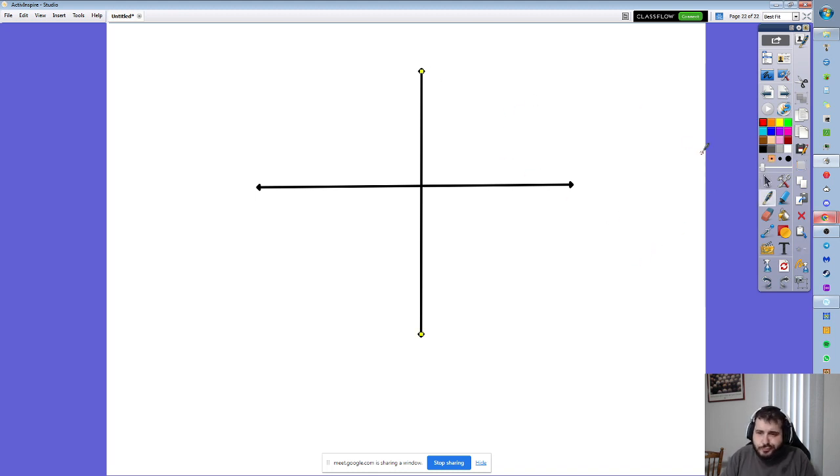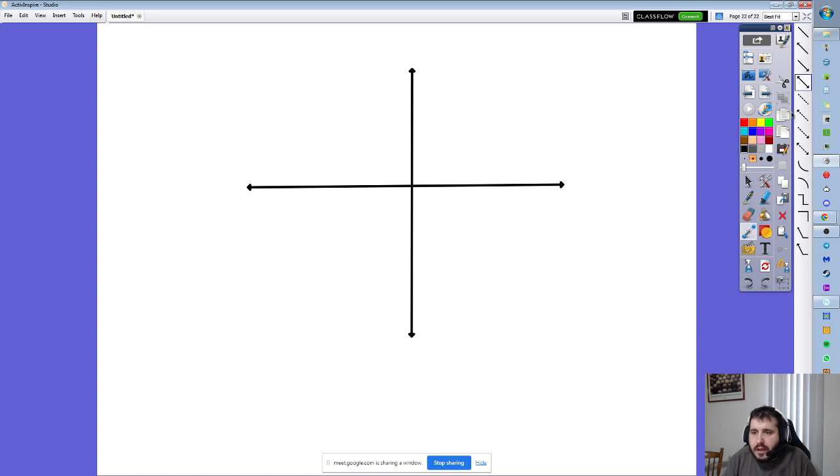All right, so imagine, if you will, a line. Guess I gotta use this one. Sure. Let's have it be a better color though.